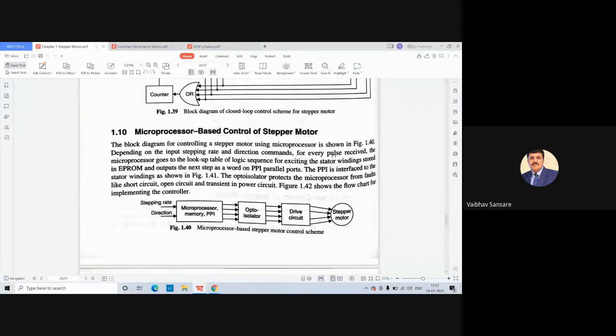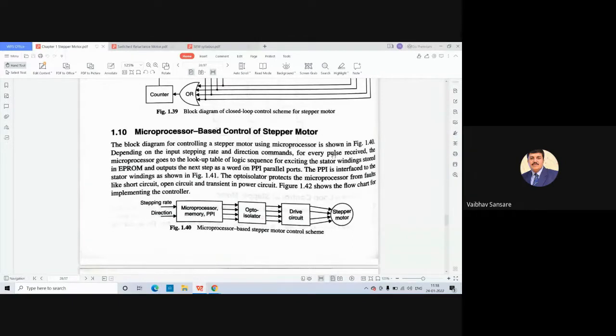Person to person, someone may make certain modifications in the microprocessor programs, and accordingly a particular person will achieve a different control strategy for the stepper motor. So this entirely depends upon what type of program we feed in the microcontroller EEPROM memory.